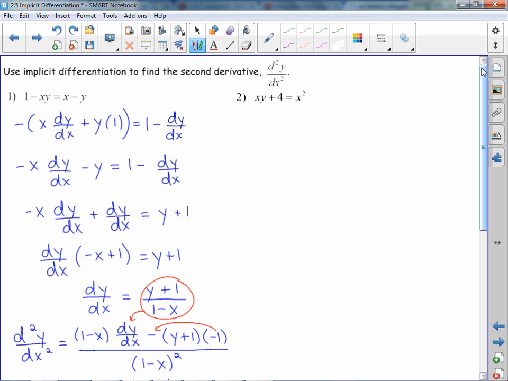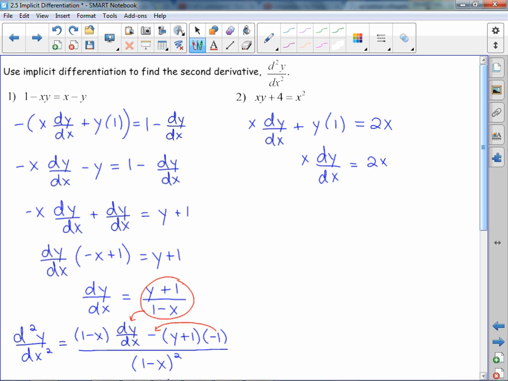All right, we'll start off with the product rule. So that's the first derivative of the second plus the second derivative of the first. And then we have plus 4, and because that's a constant, it's going to be 0. And then we have the derivative of x squared is 2x. Okay, I'm going to subtract the y.